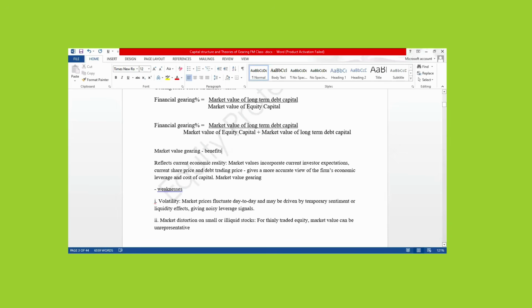However, it has some limitations. One of the limitations of the market value approach is that it is vulnerable to fluctuation or volatility in share price.